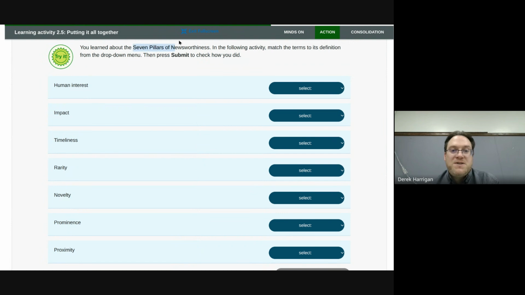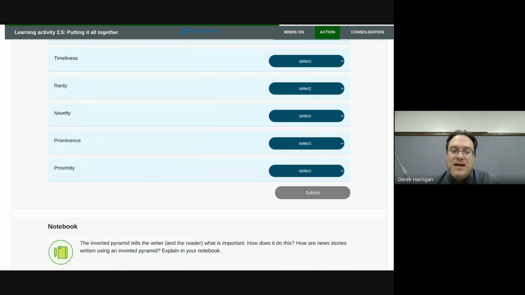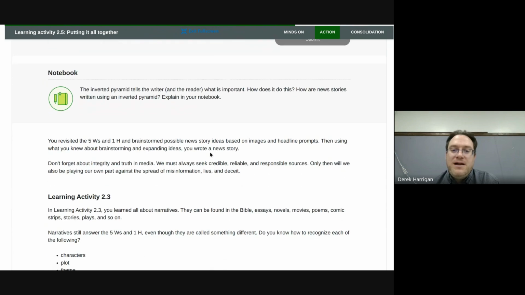These are our 7 pillars of newsworthiness. And then you've got some choices here that you can make to determine how important each of them are when determining newsworthiness.